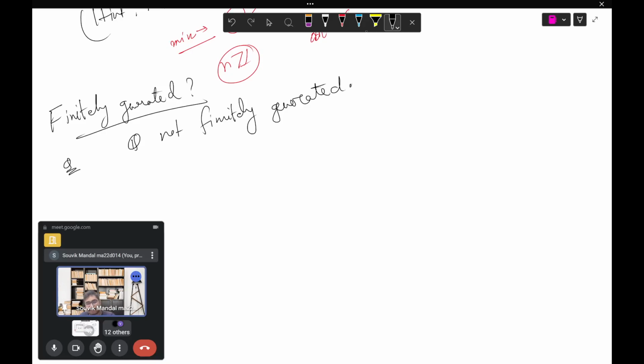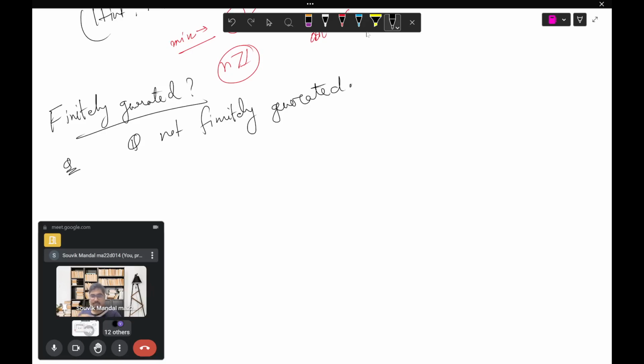So suppose it is finitely generated, by r1 by s1, r2 by s2, up to rn by sn, where the ri and si are integers and the si are non-zero.